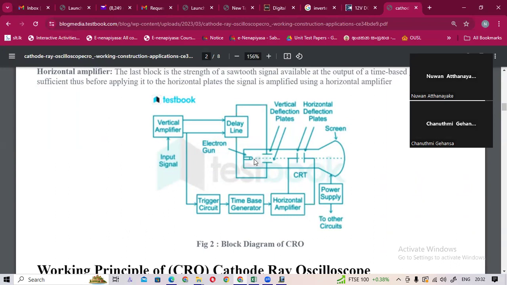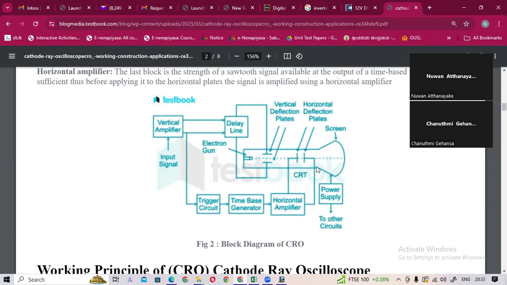By moving, this electron gun is just like a pen. It shoots electrons to a screen, and these electrons draw a picture there. It moves according to the given signal, so it draws a picture of the signal. That is the basic operation.